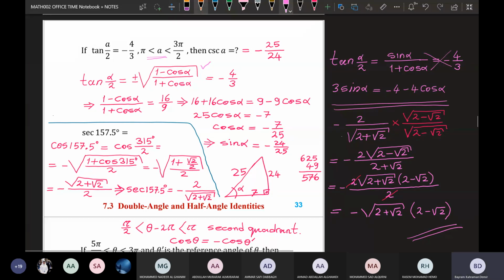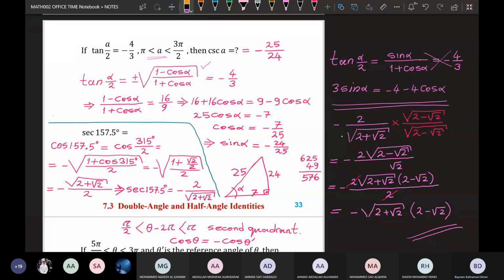So basically, we might get just root 2 only. Okay. This looks better, Shabab. This looks better.